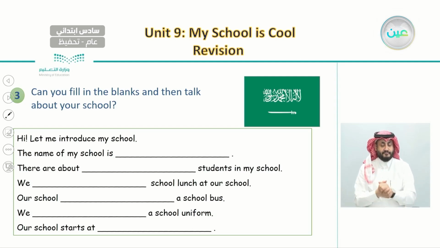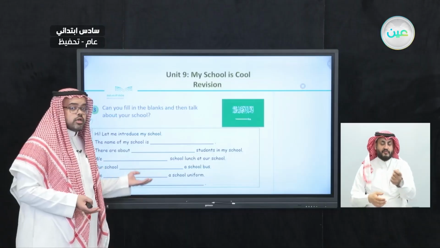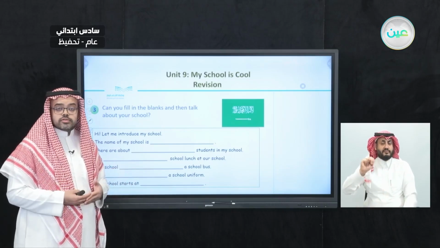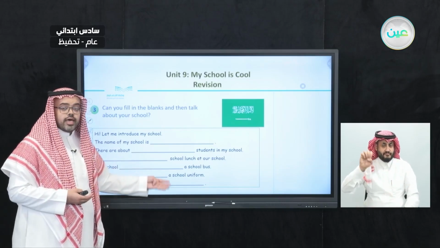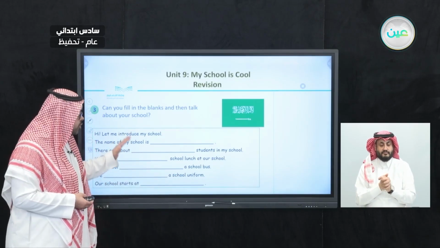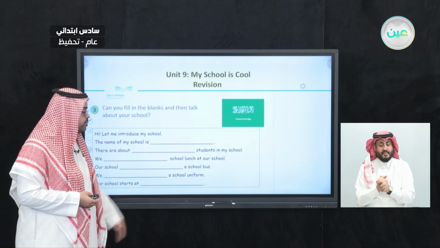As for the fifth one, we blank a school uniform. If you do have a school uniform, then here we should write have. And if you don't, then here you should say we don't have a school uniform. This is regarding all of these five blanks.